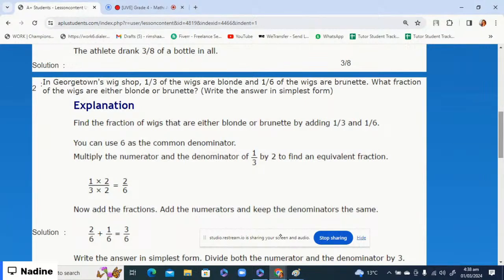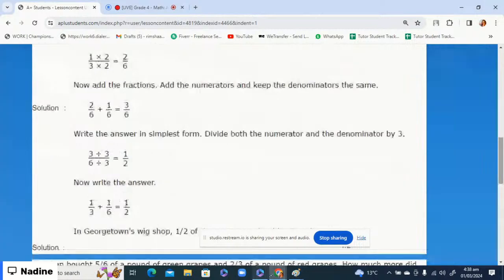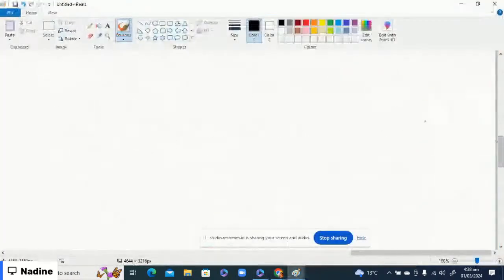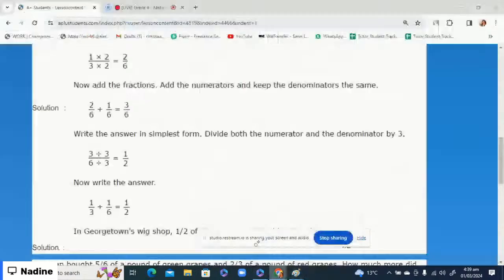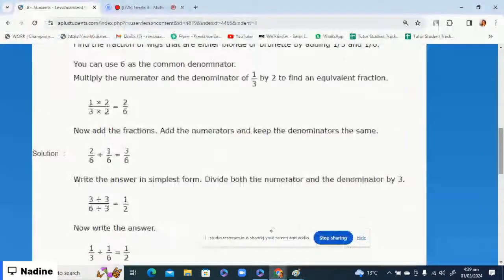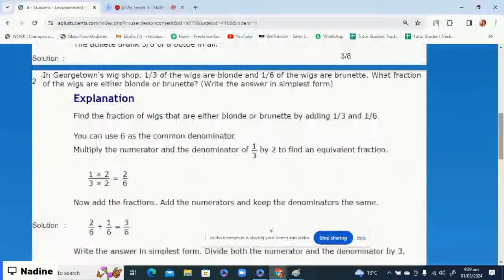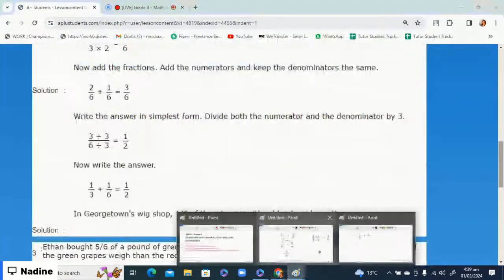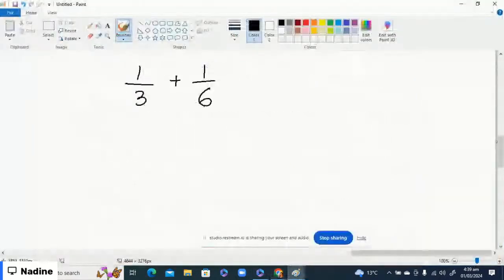Let's do it. 1 by 3 and 1 by 6. Which one are we going to take as the common denominator, 3 or 6?